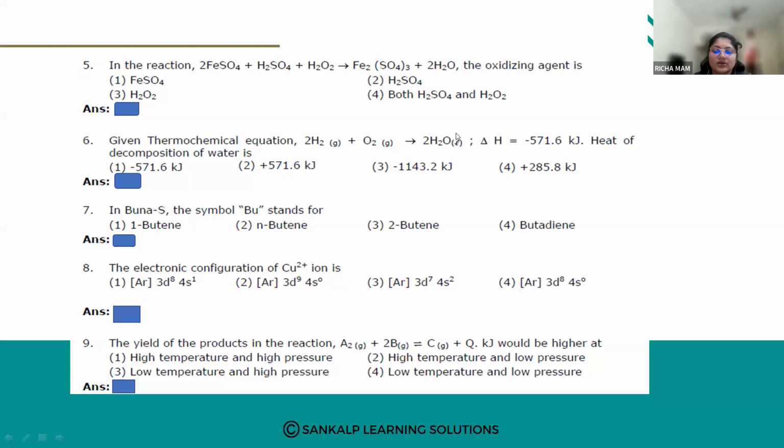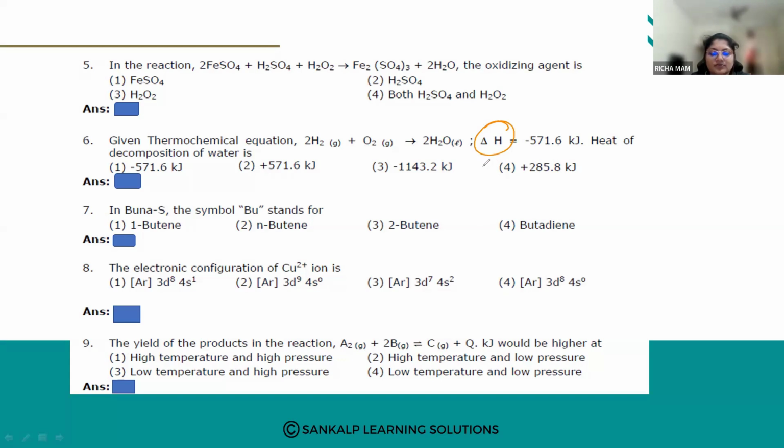Delta H is the enthalpy change, so you have to tell the heat of decomposition of water from the given thermochemical equation.